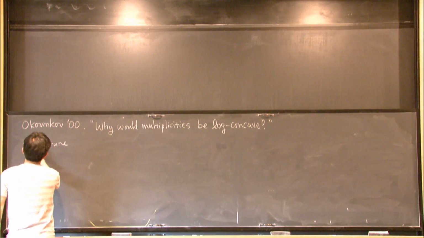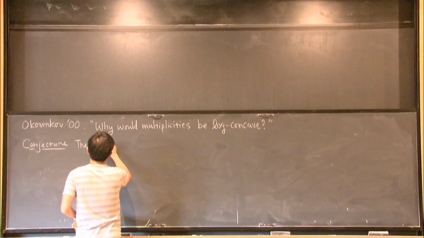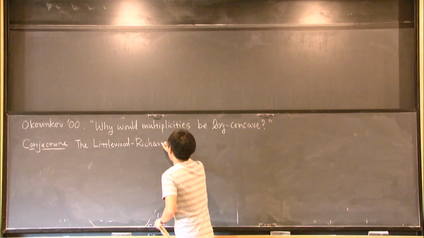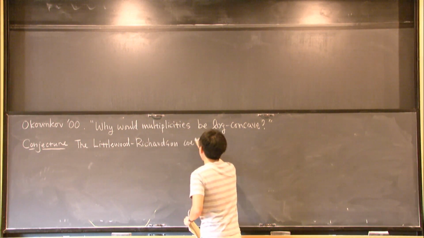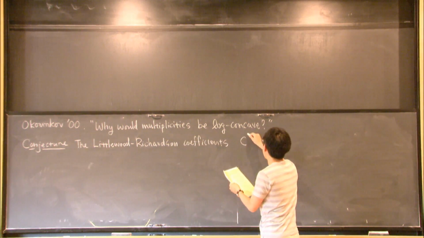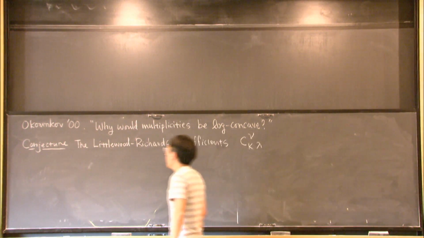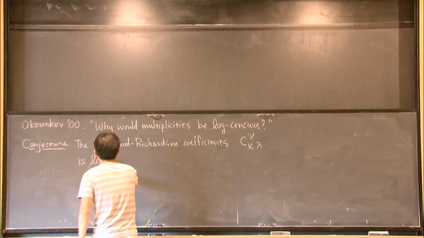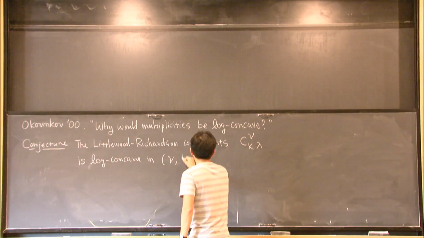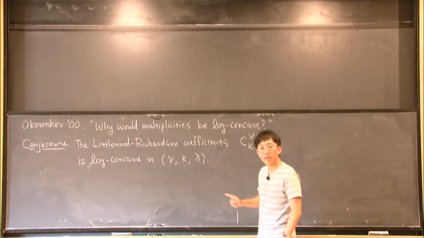was this conjecture that the Littlewood-Richardson coefficients, let me write it like c(nu, kappa, lambda), are log-concave in nu, kappa and lambda. And all three of these objects are partitions.